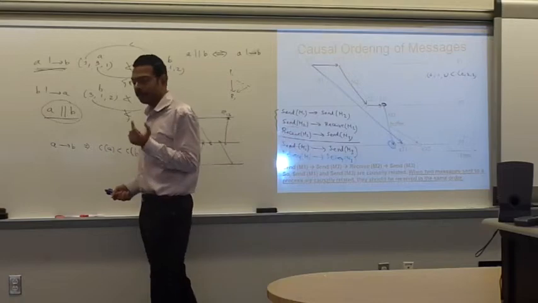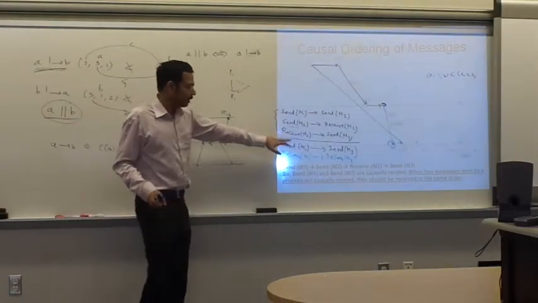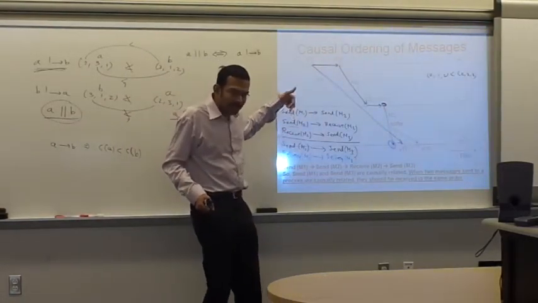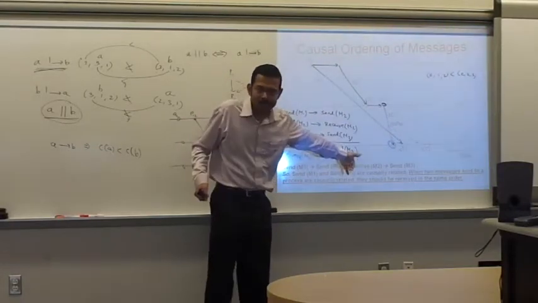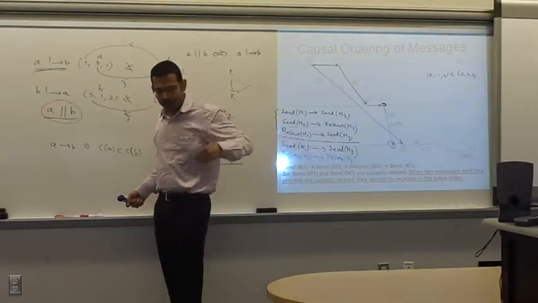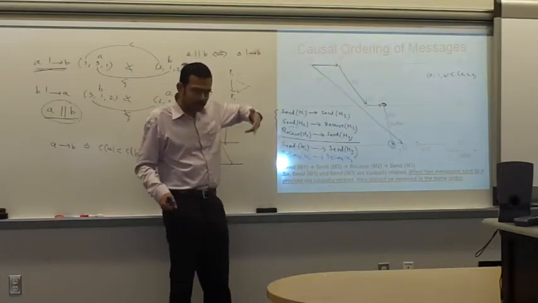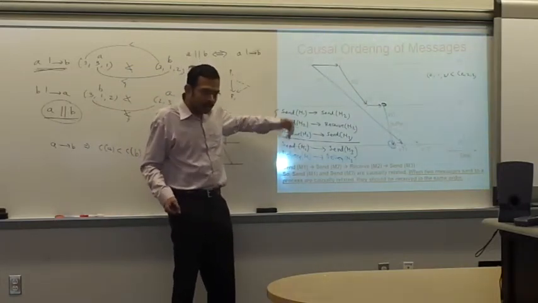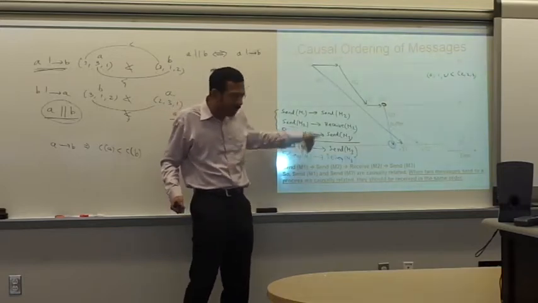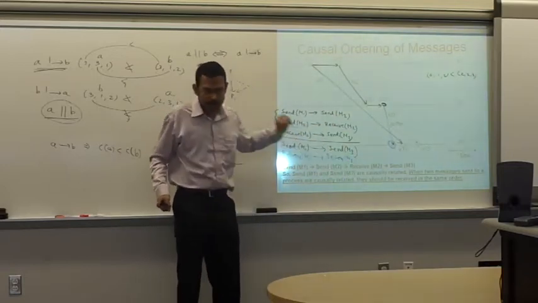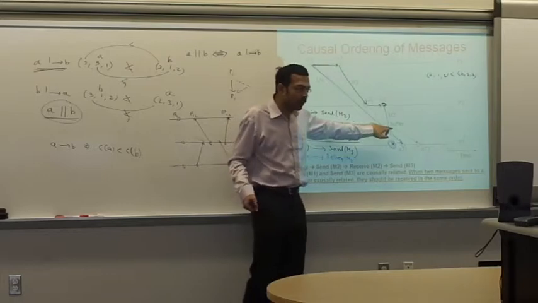So what does it mean? If there are two messages like this, where the sending of one message happened before the sending of the other, then the receiving of a message, which means the delivery, so I may interchange the terms, should happen before the other message. So that's why I do buffering here.